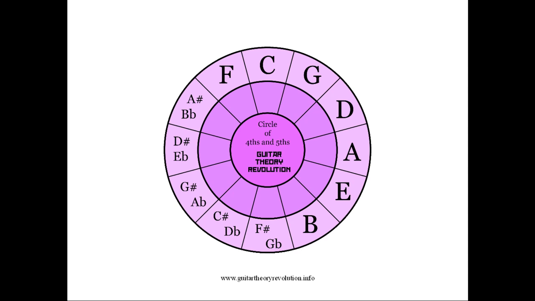So the circle of fourths and fifths, as you can tell, is laid out in fifths in the clockwise direction, like this. And it is laid out in perfect fourths in the anti-clockwise direction, like this.